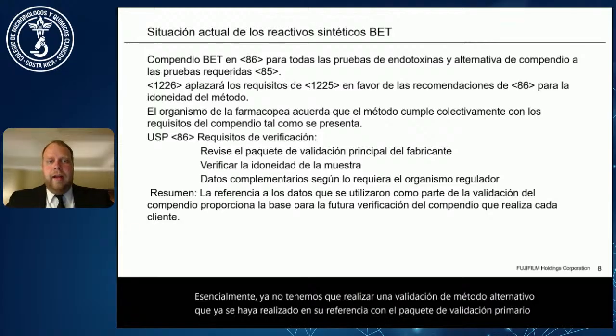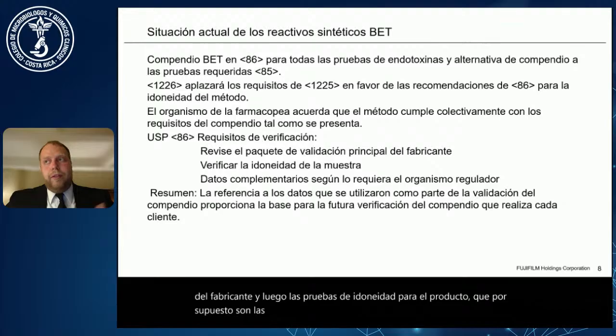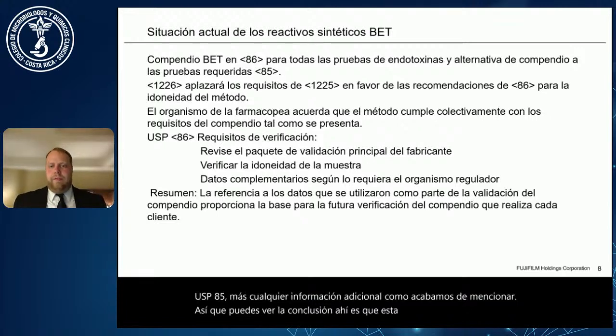And then the suitability testing for the product, which of course is the preparatory tests found in virtually the same form as they are found in USP 85, plus any additional information as we just mentioned. So you can see the conclusion there is that this test can be substituted out for that compendial method.